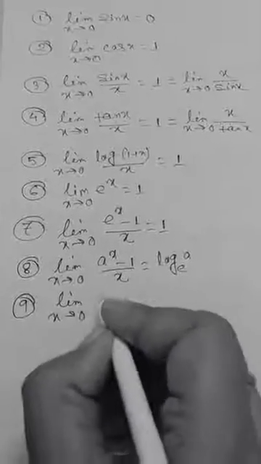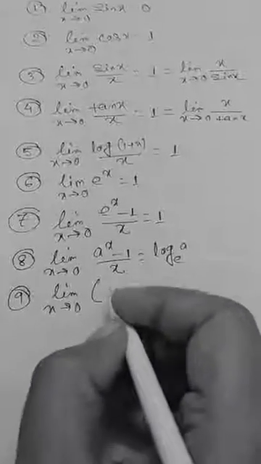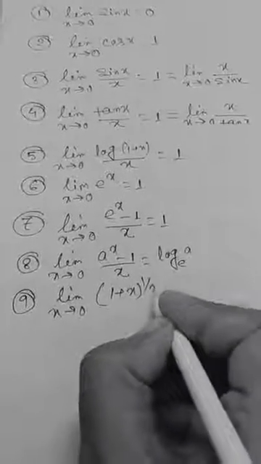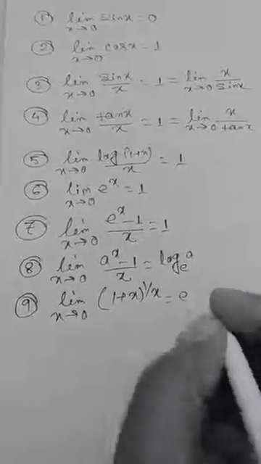Number 9, limit x tends to 0, (1 plus x) whole to the power 1 by x is equal to e.